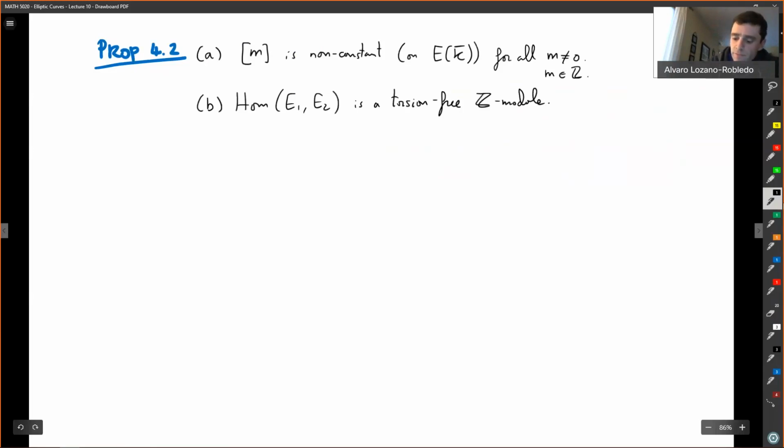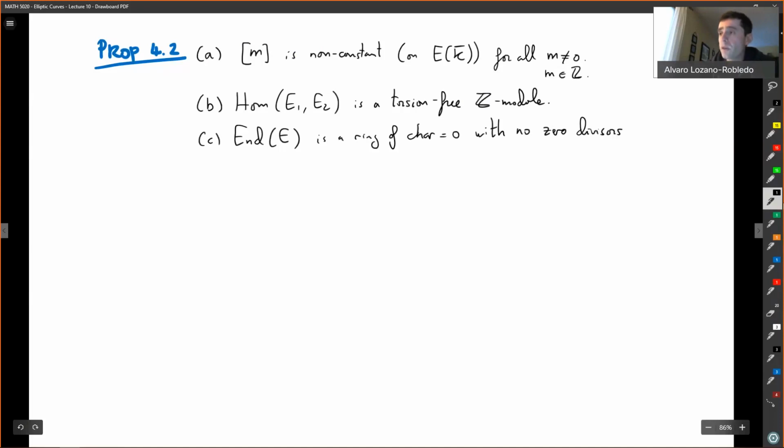And C: the endomorphism ring of an elliptic curve is a ring of characteristic 0 with no zero divisors, but not necessarily commutative.